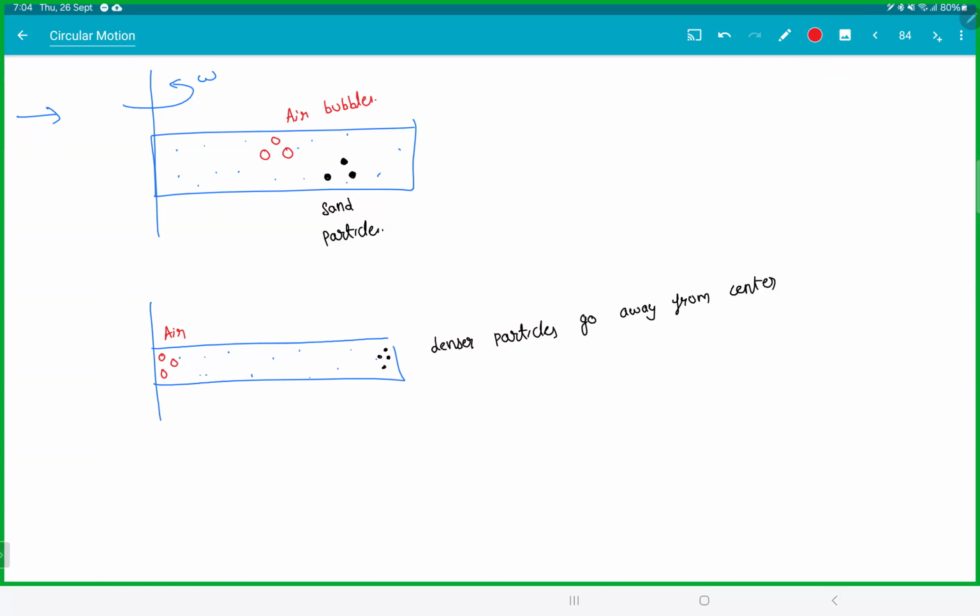Lighter particles, or less dense ones, materials with density less than the liquid, will go opposite to the centrifugal force. We will see about this again in fluid mechanics.